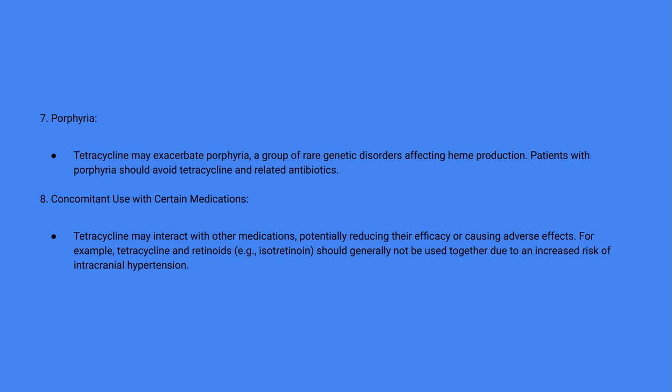Next comes up a thing called porphyria. Does anybody know what porphyria is? Porphyria is basically, hemoglobin contains a part that is heme and globin.